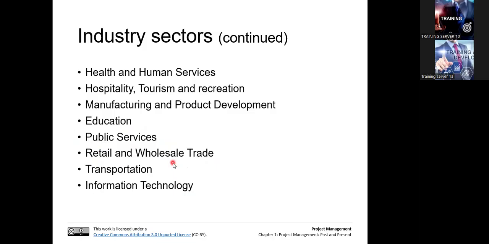Retail and wholesale trade, which is very important, and transportation, and finally, information technology. These are examples of the industry sectors and how all of these things work together in order to increase the work type and to be special in a specific field.